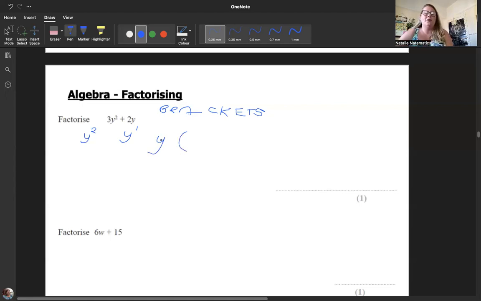Then we're going to say y multiplied by what, which is going to go here, is equal to 3y squared. And I'm going to write that down here. y times by something is equal to 3y squared.